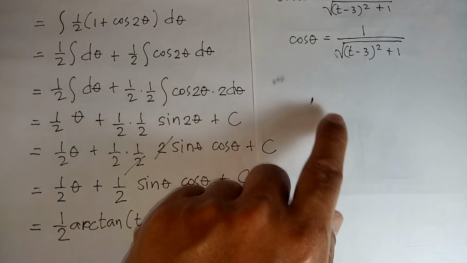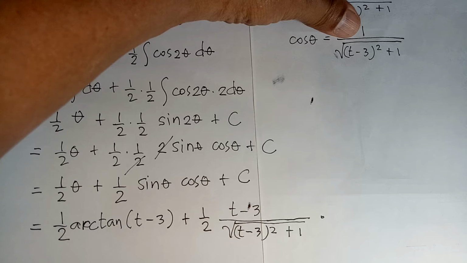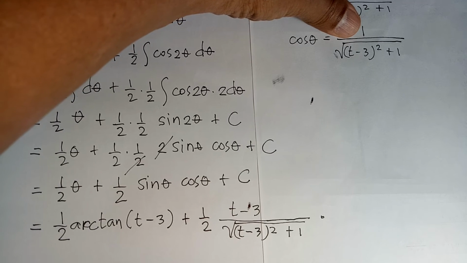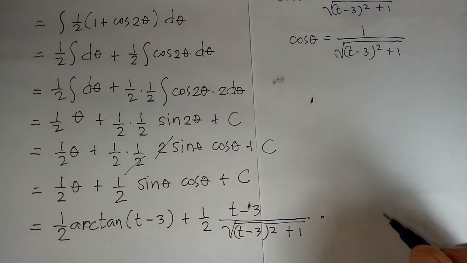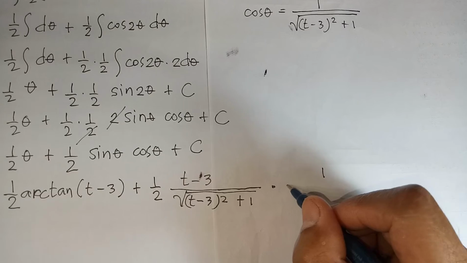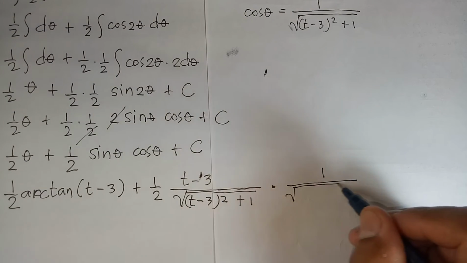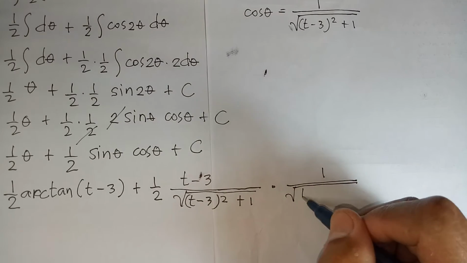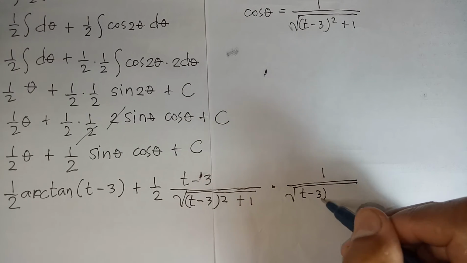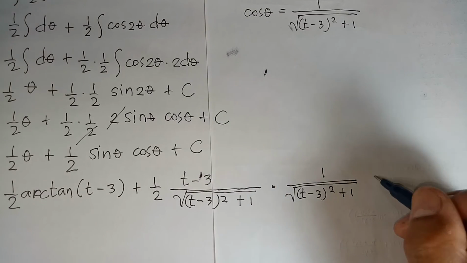Cosine of theta equals 1 divided by the square root of (t minus 3) squared plus 1. So, times 1, divided by the square root of (t minus 3) squared plus 1, and then plus c.